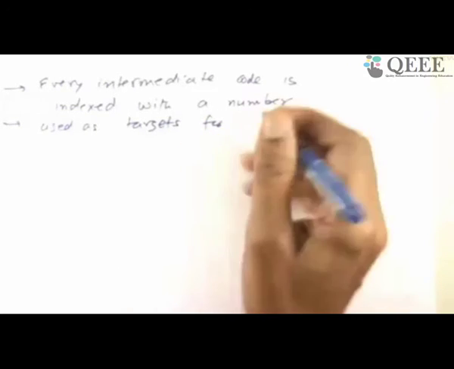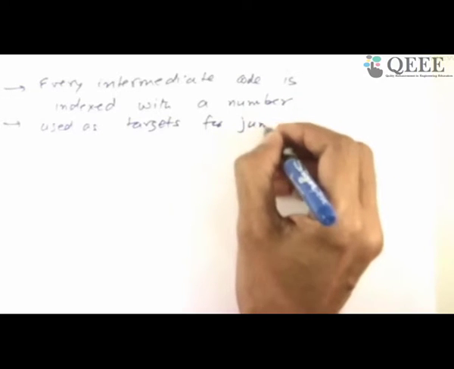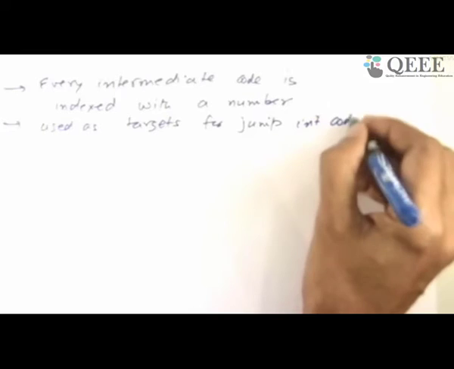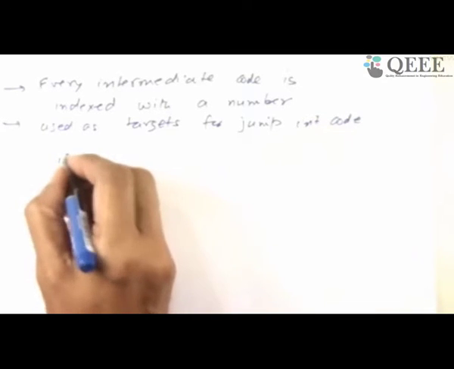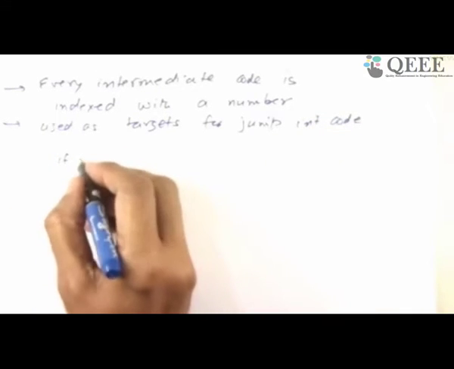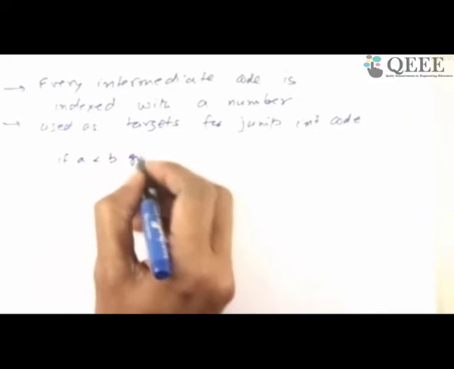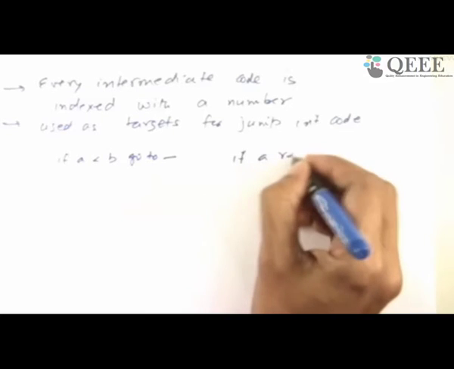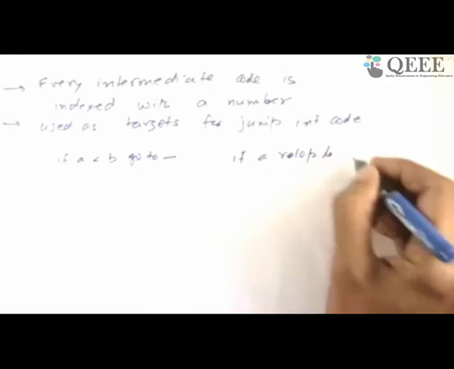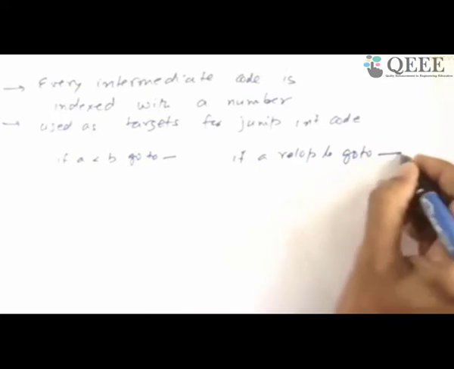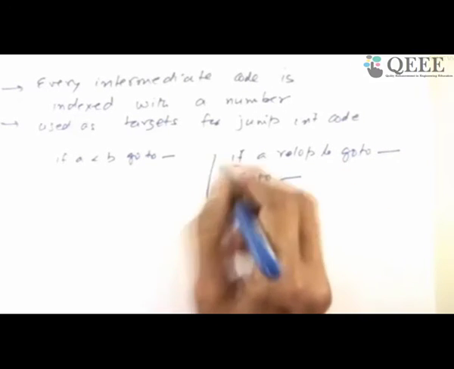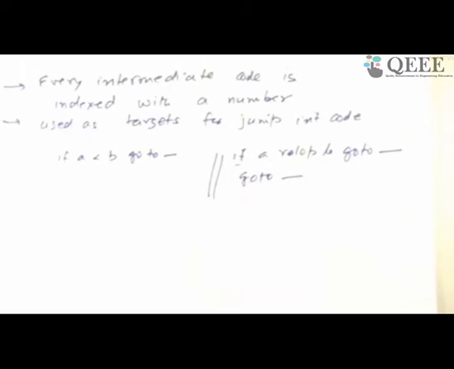Our jumps are very simple in the intermediate code, and the intermediate code has only two of these. If a rel b, some relational operator, like a less than b, go to an incomplete target, or I can have an unconditional transfer, go to. The only transfers of control or jumps are a conditional jump and an unconditional jump.